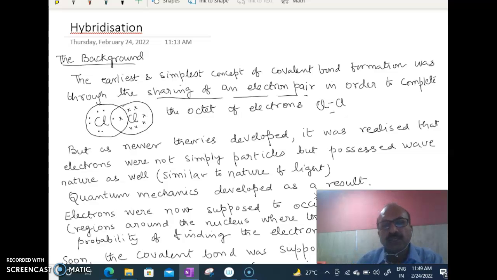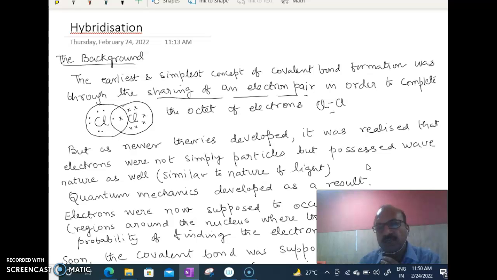But as newer theories developed, it was realized that electrons were not simply particles, but they also possessed wave nature. And a similar thing happened to the nature of light. Light was considered to have a wave nature. It was supposed to travel in the form of waves, but later on a modification was introduced where light was also supposed to have a particle nature in the form of photons.